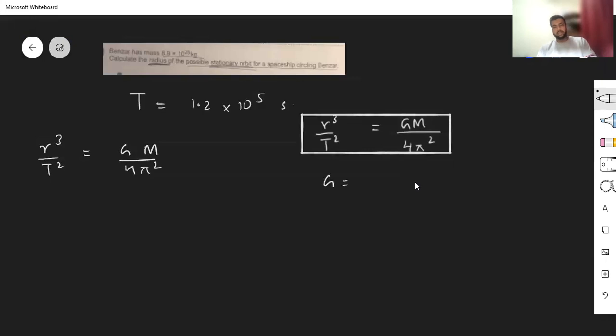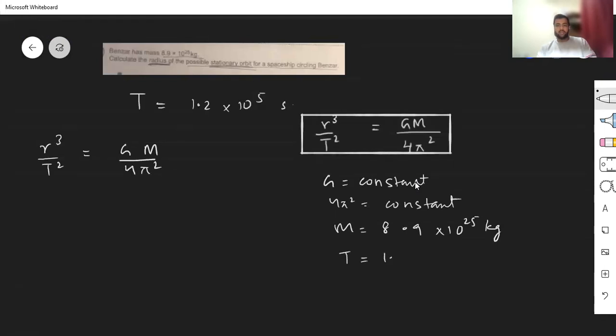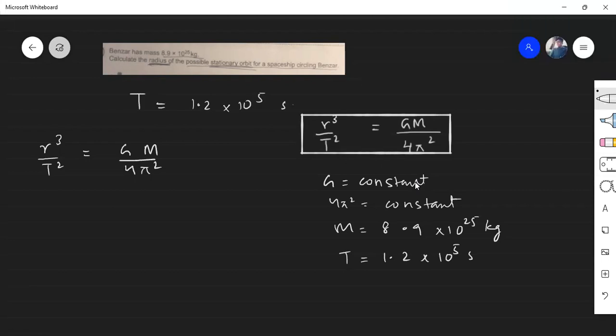Here G is a constant, we know the value. 4 pi squared is also a constant. M is given to be 8.9 exponent 25 kilograms. T is given to be 1.2 times 10 raised to power 5 seconds. Everything is basically given to us. What we don't know is this R.